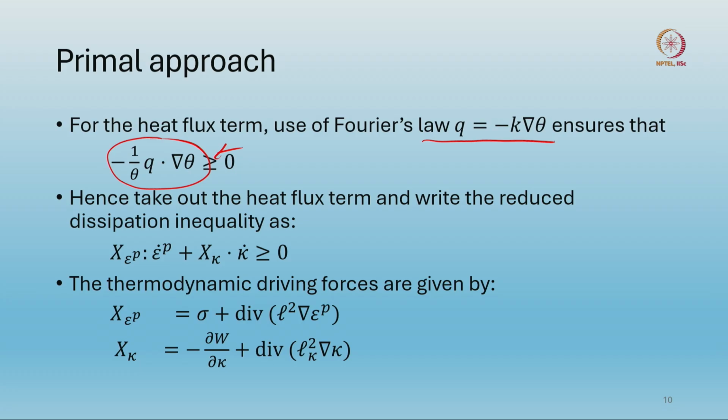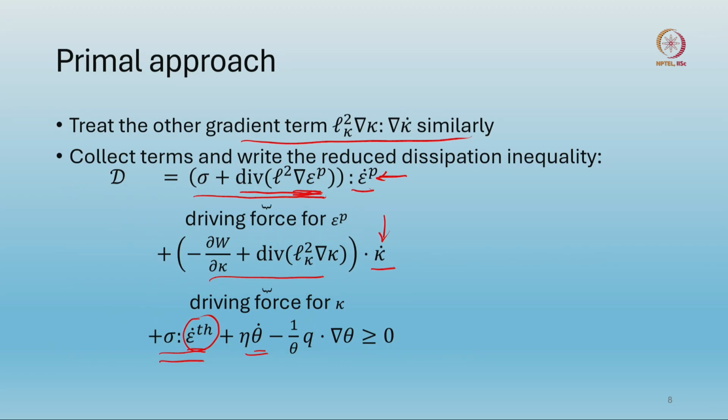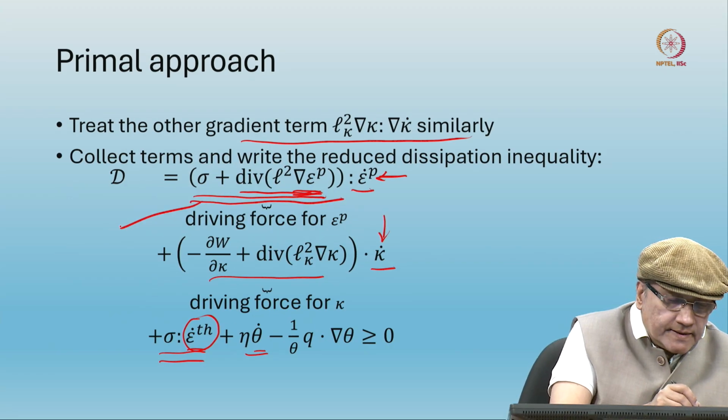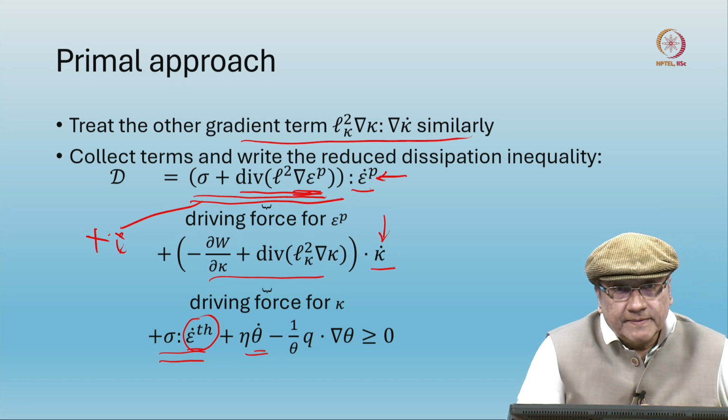Let us talk about the reduced dissipation inequality. This is the term that we have to make greater than or equal to 0. We already know that there are two such forces that we already got. One is this, essentially X epsilon p, the force associated with epsilon p dot.